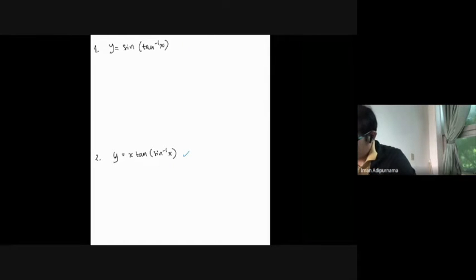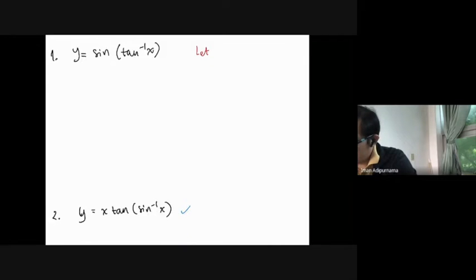So if you want, you can define the angle first. For example, let theta be your angle, because tangent inverse actually results in an angle, right? So let's say we have theta, and we can say that tangent theta is our x.